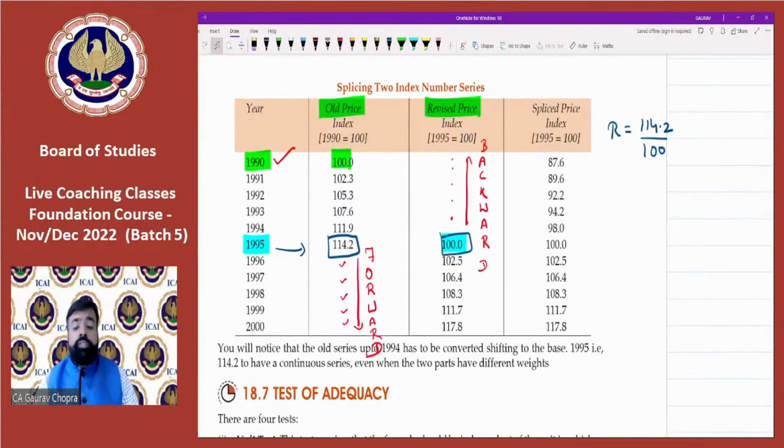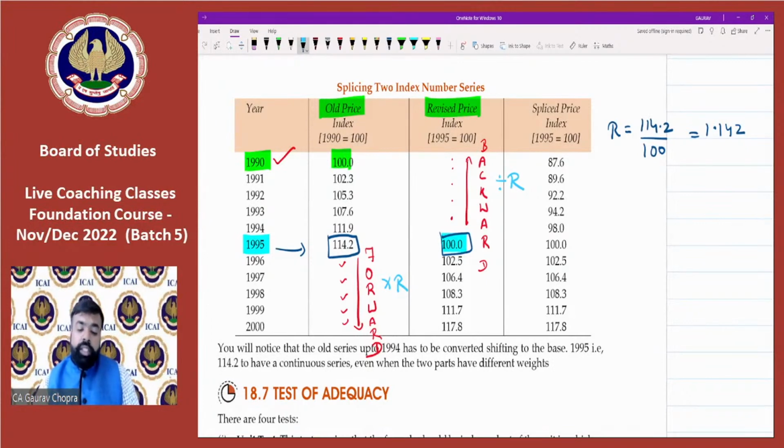Now, this will give us a ratio. What is the ratio? 1.142. This is the ratio. Now, whenever you have to do forward splicing, multiply with this ratio. And whenever we have to do backward splicing, divide with this ratio.